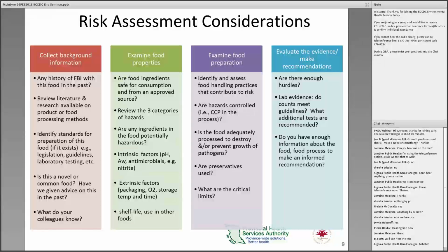And then you may have lab evidence, or you may recommend that they collect lab evidence. So what are the counts over storage time, or what is the pH of that food? And finally, you want to make sure you have enough information from the person who requested it to make an informed recommendation. So sometimes you do need to go back and get a bit more information from the person who made the initial request.